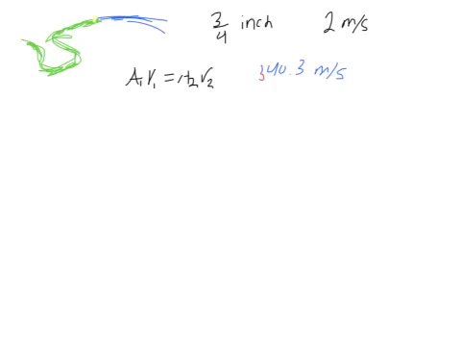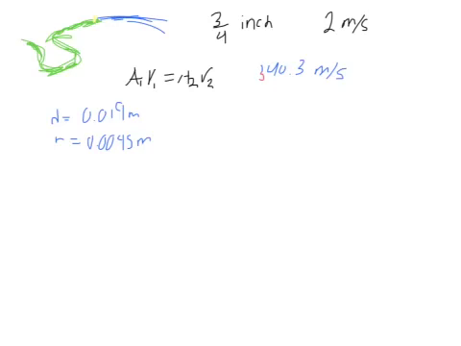So we know that they have 3/4 inch diameter, which translates to 0.019 meters, which means the radius is equal to 0.0095 meters.